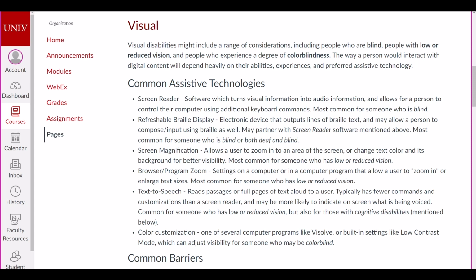Screen magnification. Screen magnification allows a user to zoom in to an area of the screen or change text color and its background for better visibility. This type is most common for someone who has low or reduced vision.